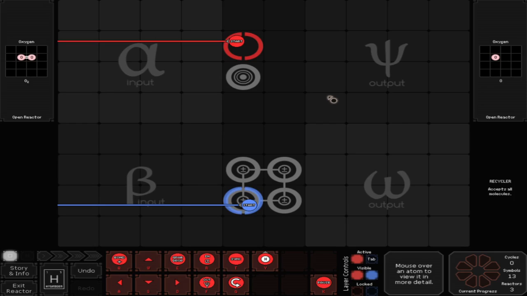Well, first off, it doesn't matter which Waldo does which job. So let's just go ahead and build the loop that each one's going to follow.